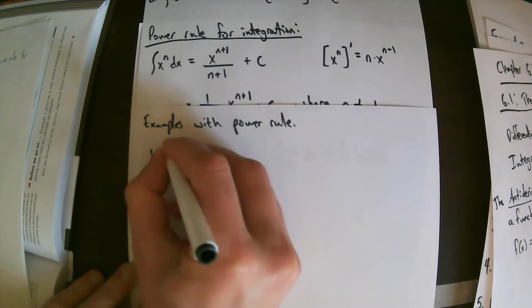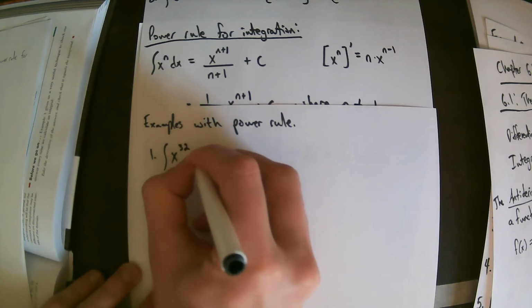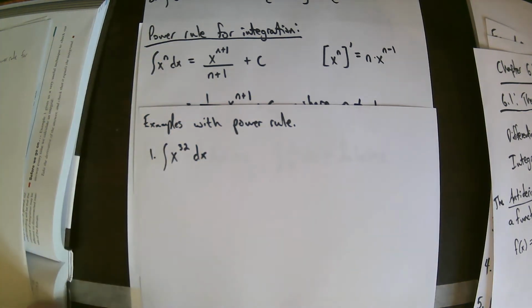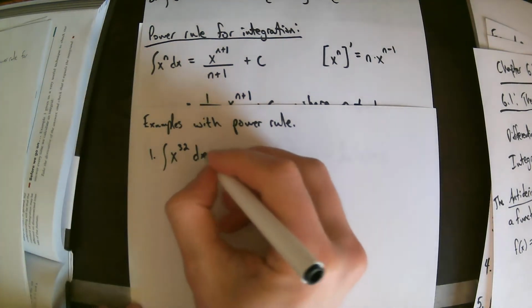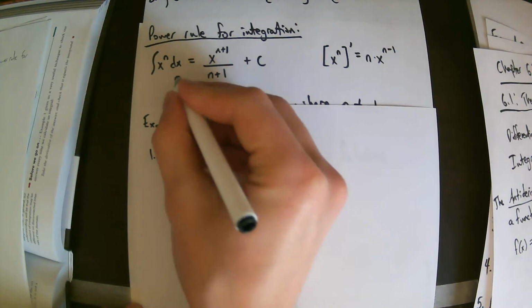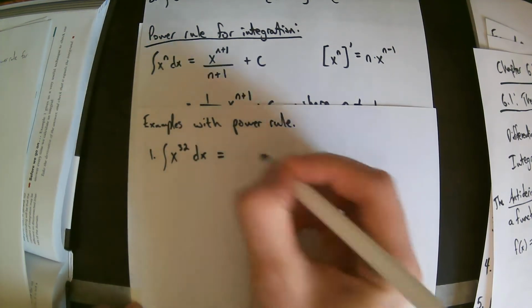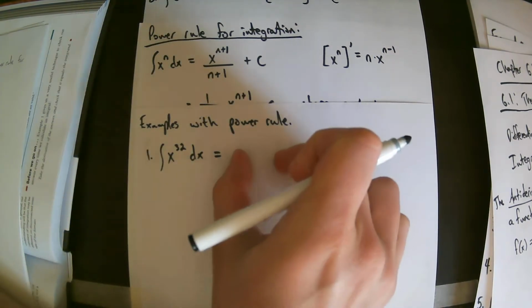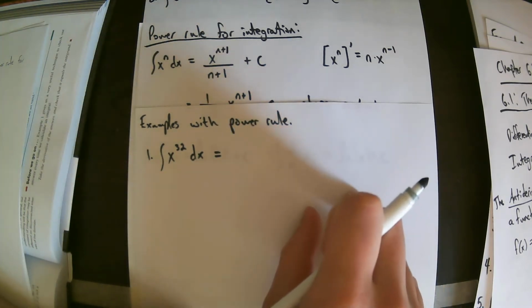Let's take the indefinite integral of x to the 32nd dx. I keep saying indefinite integral because that is what we're defining here. That's the operation we're working with. There is such a thing as the definite integral, and we'll talk about that in 6.3. So n here is 32. Now I'm not giving you the solution and asking you to confirm by taking the derivative.